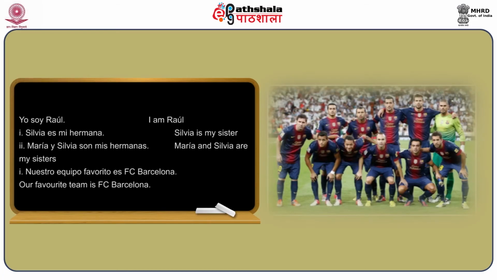For example, if I say yo soy Raúl, it means I am Raúl. Silvia es mi hermana, meaning Silvia is my sister. María y Silvia son mis hermanas, meaning María and Silvia are my sisters.